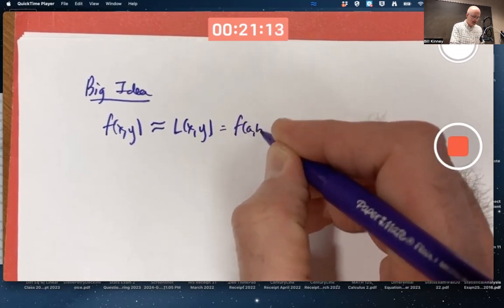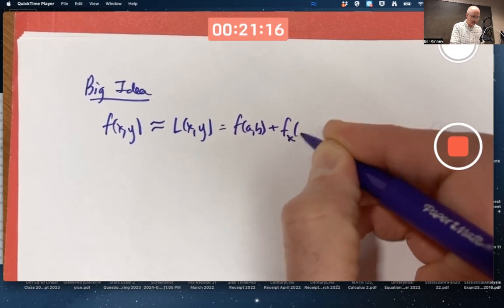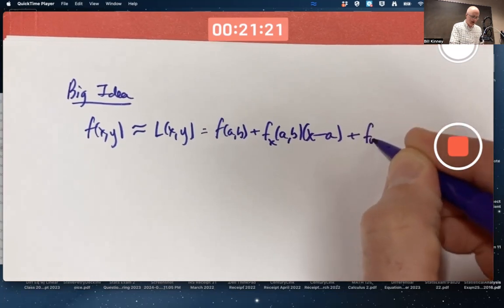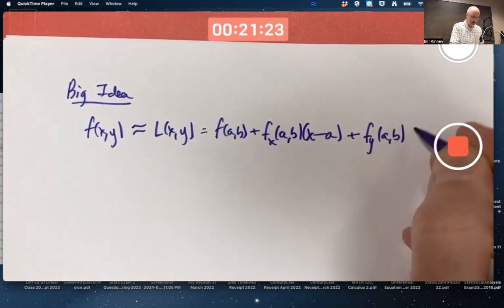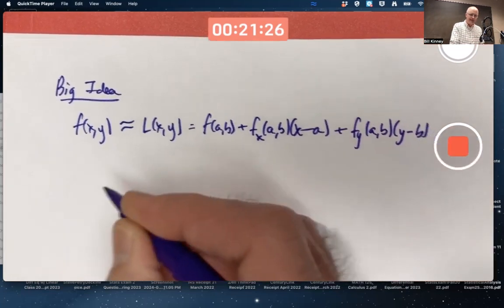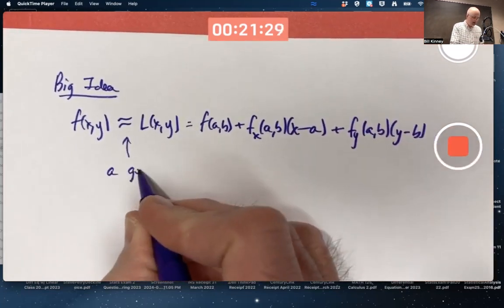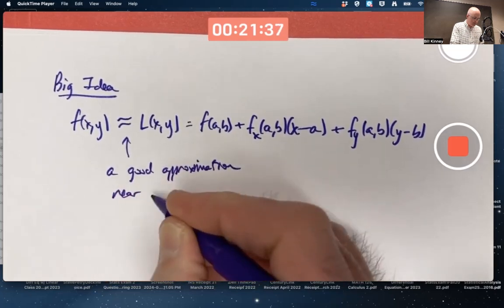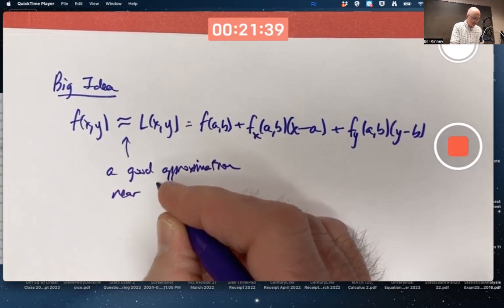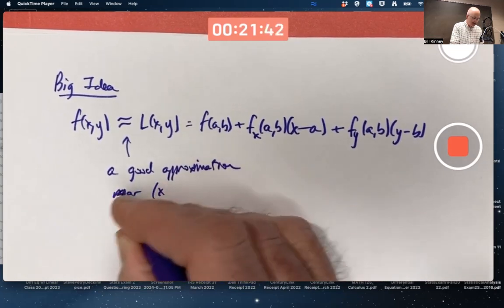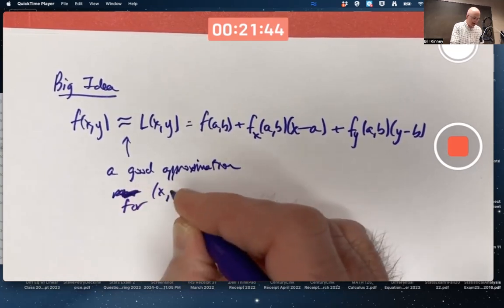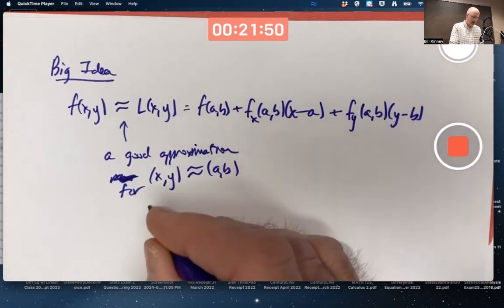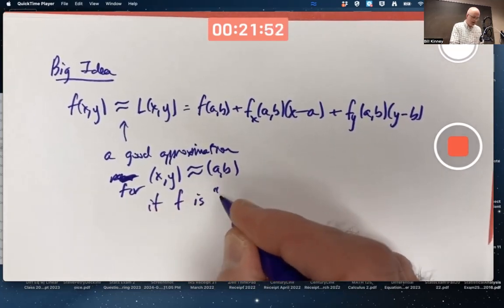It's f of AB plus f sub x of AB times x minus a plus f sub y of AB times y minus b. This is a good approximation near the point AB. So let's say, instead of saying near, for x comma y close to AB, if f is quote unquote nice.